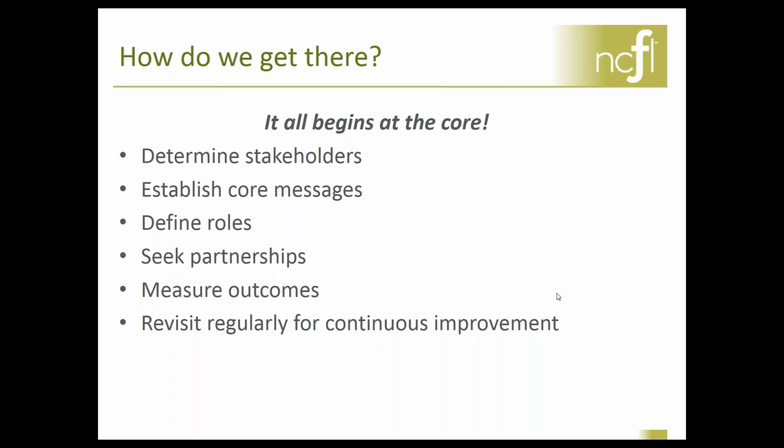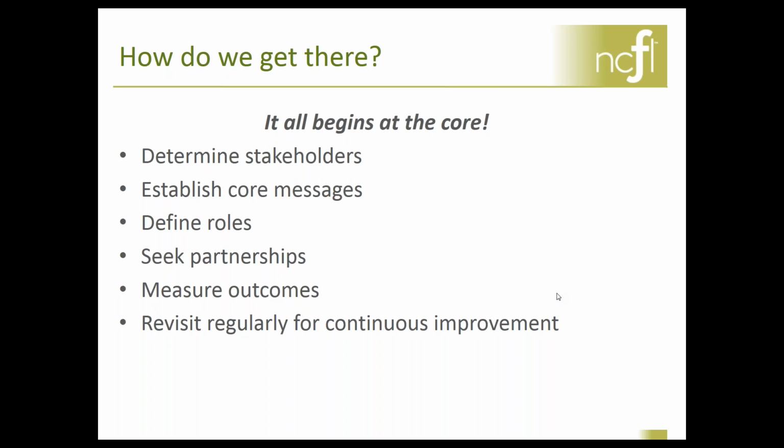Defining roles, and we'll talk about this a little more in depth later, but defining roles on what everyone does within the components helps from the beginning. Seeking those partnerships also is critical, and some of those partnerships are the ones that we all think about on the surface, but sometimes you never know where an incredible opportunity might exist.